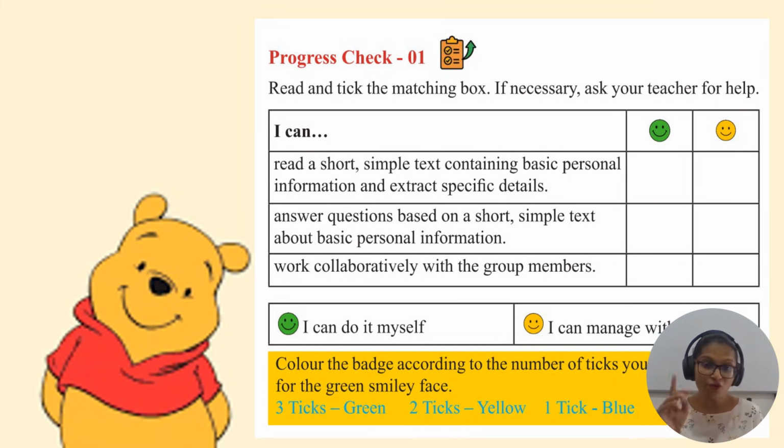And if you have got 1 tick under the green face, you have to color the badge using blue color. That is your progress check. Through using this, you can identify whether you have done it well or you need further support to do this kind of activities, right?